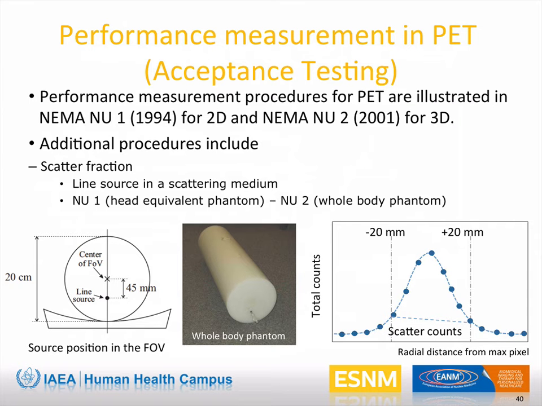A way to measure the scatter fraction is also described in the same procedure documents. This is usually performed using a solid whole-body phantom with a hot tube insert.